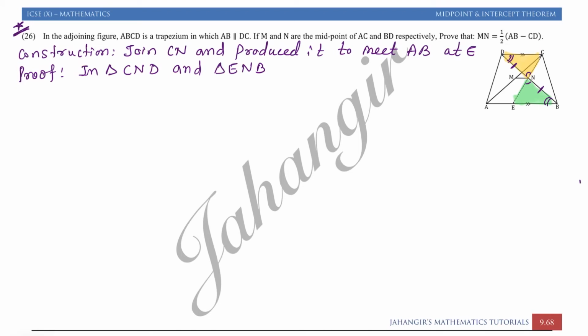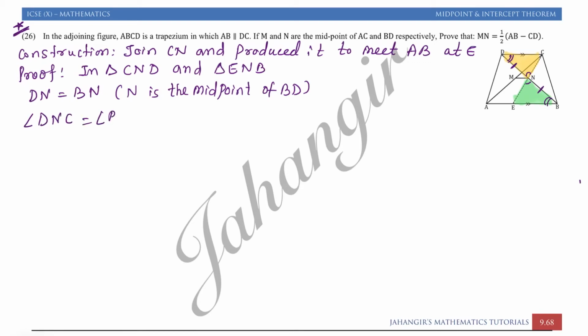First condition I will write DN is equal to BN as N is the midpoint of BD. Angle DNC is equal to angle BNE, vertically opposite angle. Angle CDN is equal to angle EBN, alternate angle.